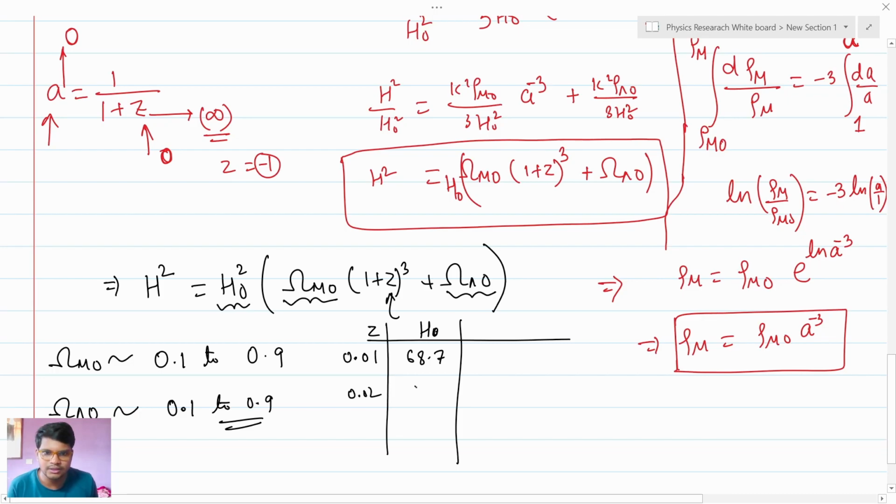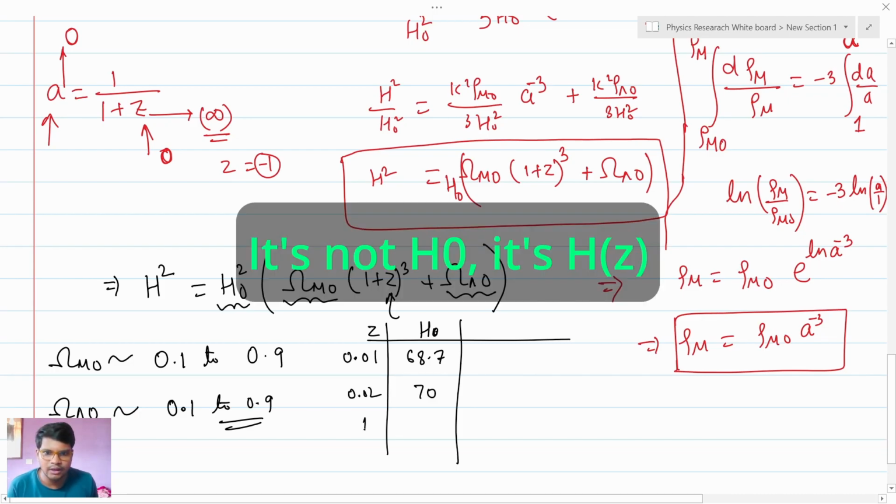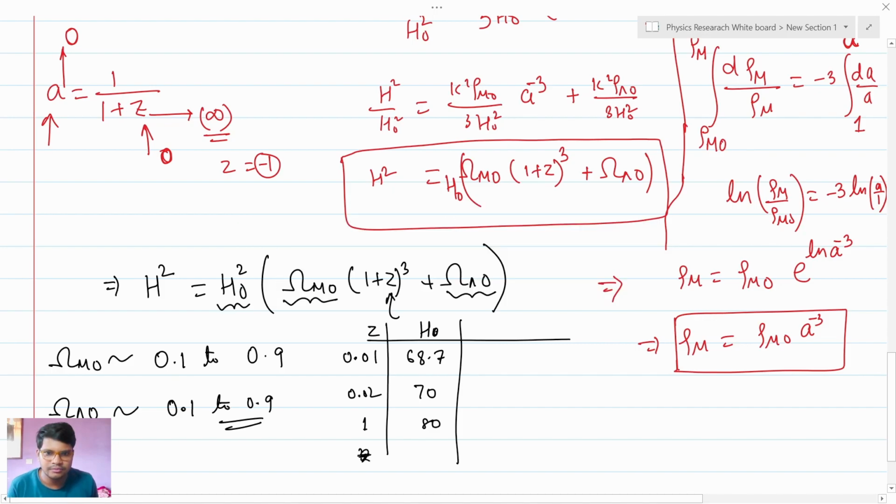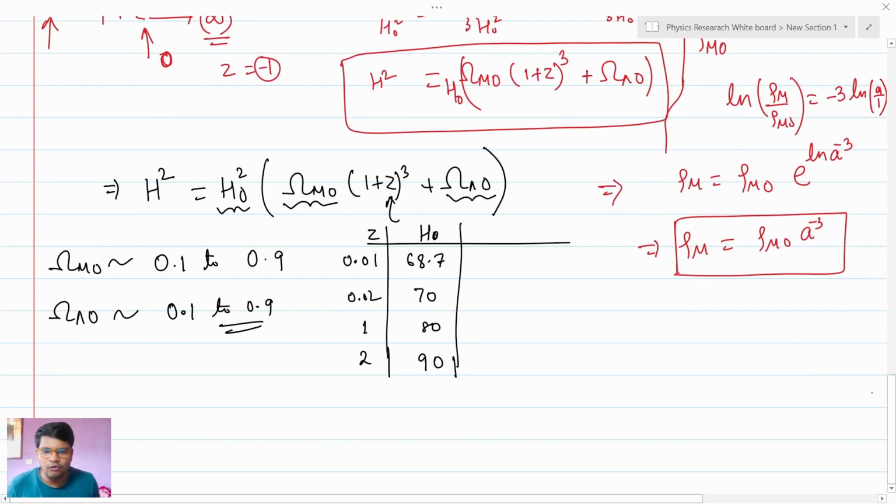For 0.02 it is 70, for 1 it is 80, for 2 it is considered to be 90, and so on. So they have already calculated these, correct? Now for different redshifts, they have different H values, and they have already estimated it.